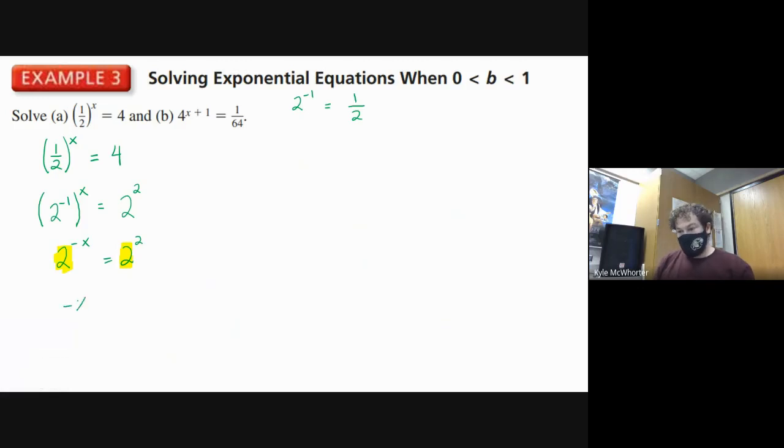So -x equals 2. Then if you just multiply both sides by -1, we get positive x equals -2.